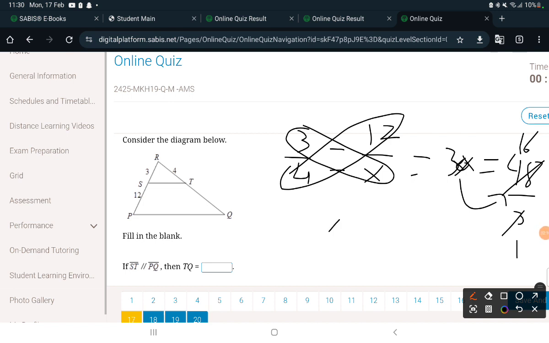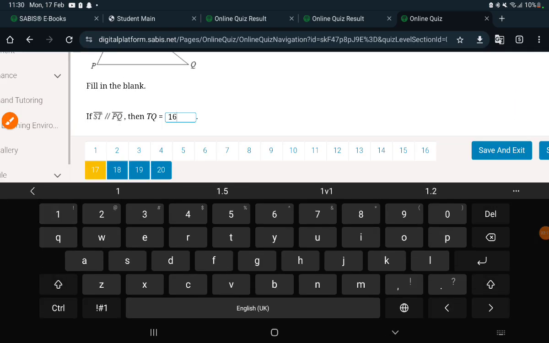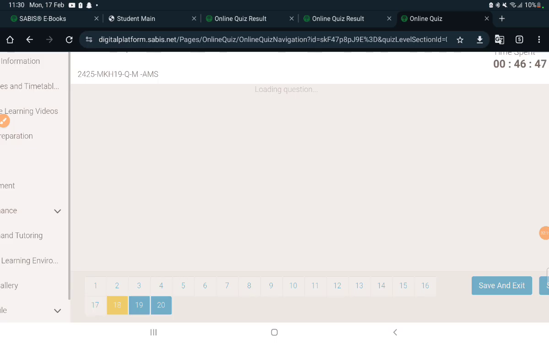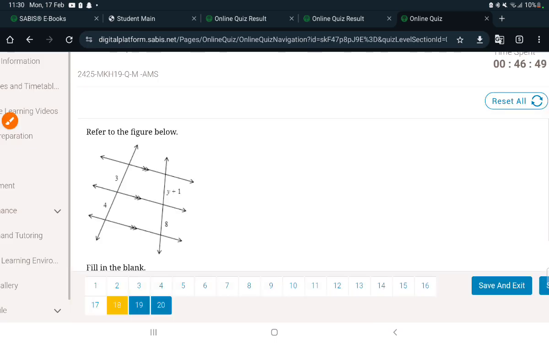Over 1, so x equals 16. All of these are the exact same thing.